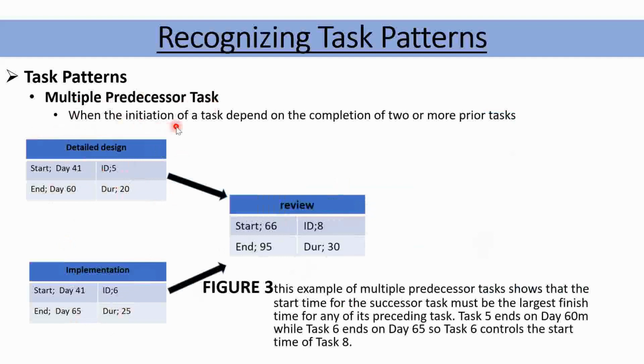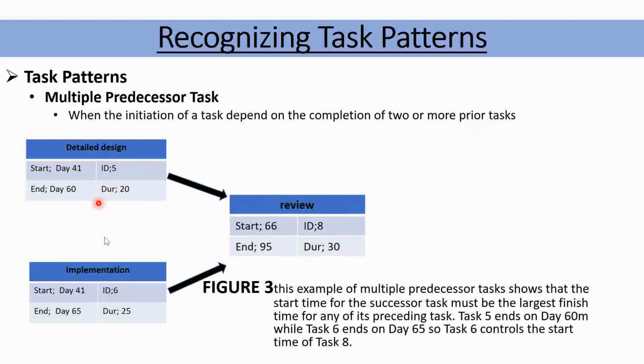When the initiation of a task depends on the completion of two or more prior tasks. So a multiple predecessor task is when the initiation of a task depends on the completion of two or more prior tasks. So the review task depends on the completion of these two tasks.